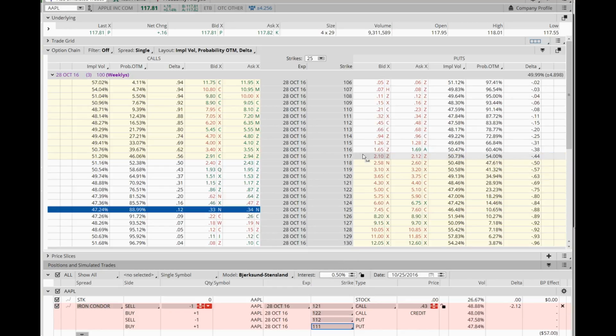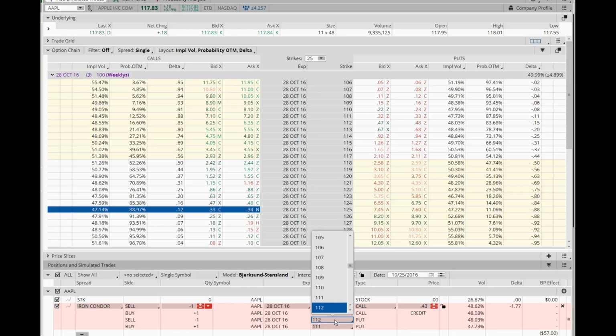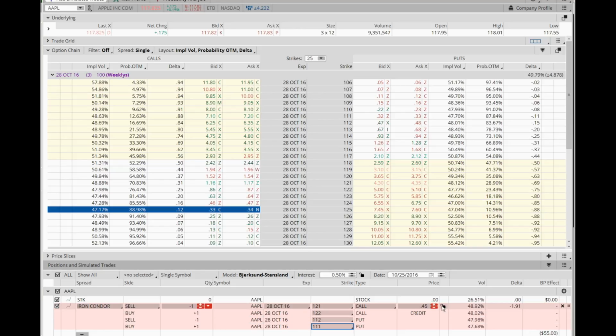Then the downside: 117 minus $3 is 114, or 112 depending on you. Let's say sell 112 hedge by 109. You see that? Now you collected 44, 45 cents.